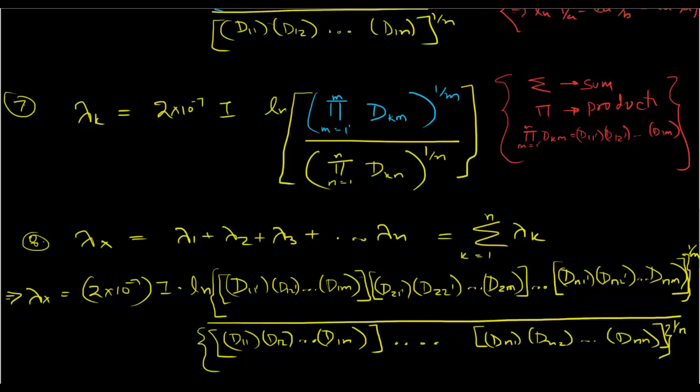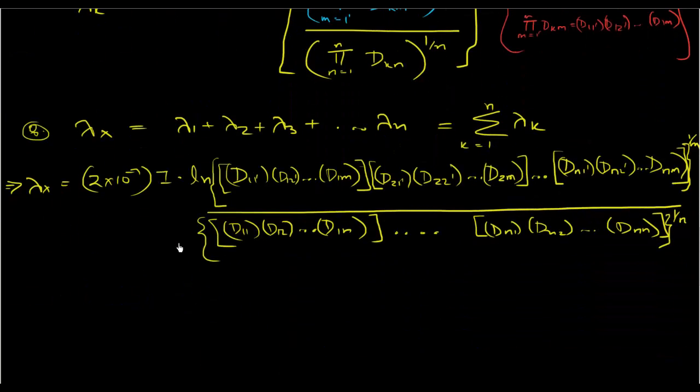And this can also be written as a general formula, where lambda x is going to be given as 2 into 10 to the power minus 7 times I, and then you're going to have ln of product of k going from 1 to n.